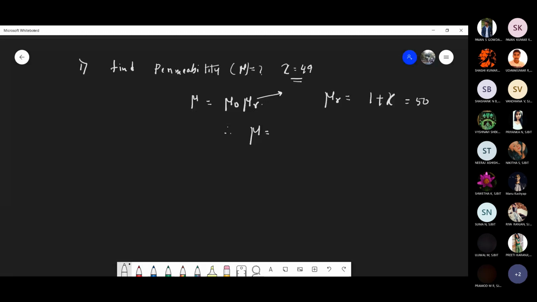Mu is equal to 4 pi into 10 power minus 7 into 50, which, if you solve this, you'll get 62.8 into 10 power minus 6 Henry per meter.